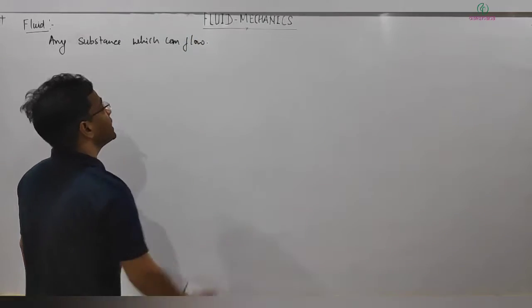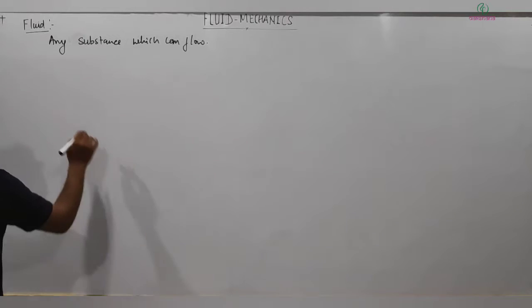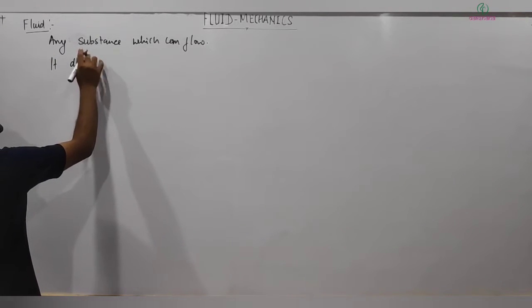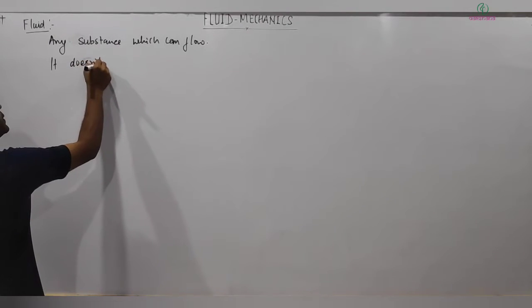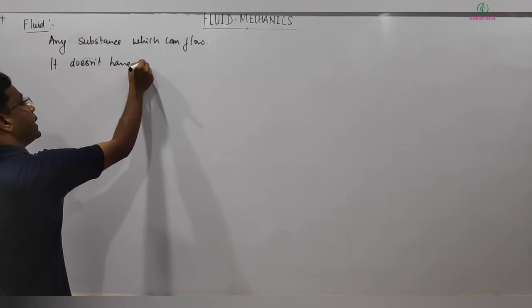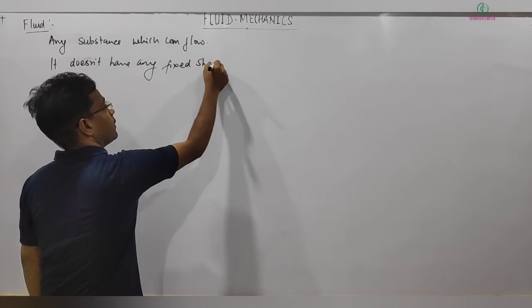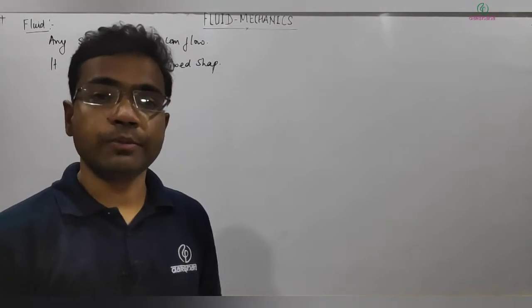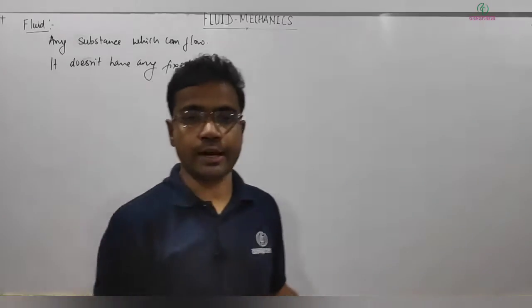In simple terms, a substance which can flow can be defined as fluid, and it doesn't have any fixed shape. It simply acquires the shape of the container in which it is filled. So fluid doesn't have any shape.